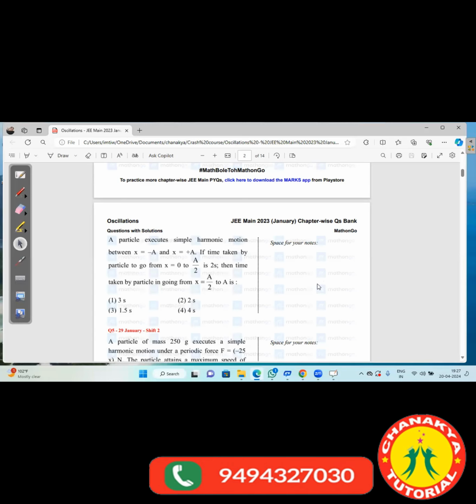Okay. A particle executes SHM, simple harmonic motion, between x equals minus a and x equals plus a.